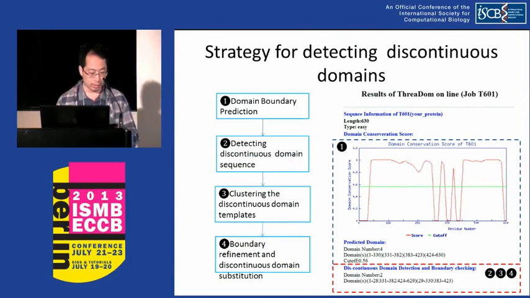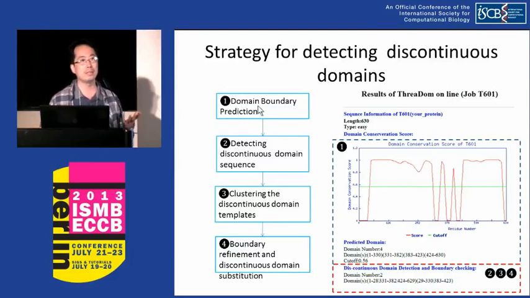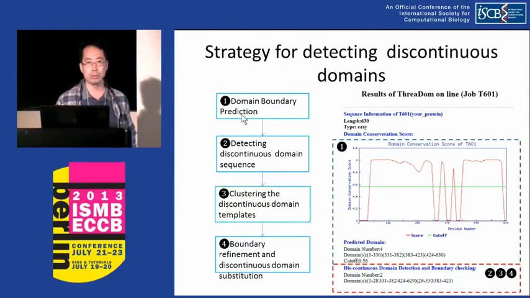This is the strategy for detecting discontinuous domains. The first step is to use the domain conservation score to predict the boundaries. The second, we detect whether this query sequence contains a discontinuous domain or not.